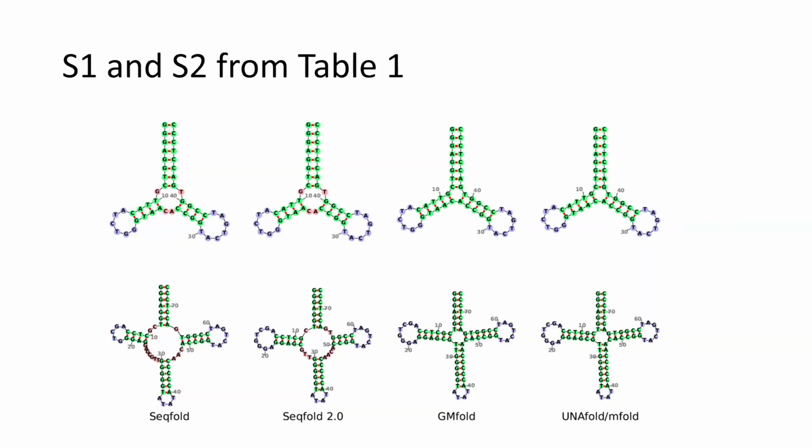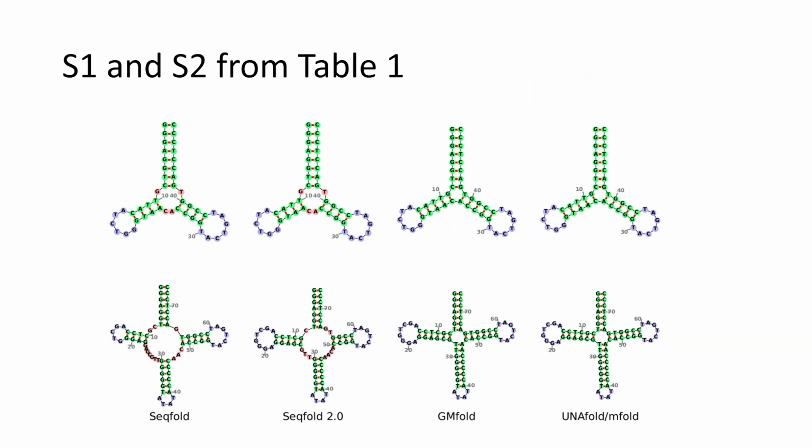Let's look at some actual structures, because even I, as a mathematician, don't love staring at numbers all day. So we look at some pictures. As you can see, we have SecFold on the left, our SecFold 2 is in the next column. Then we have our graph matching fold, GMFold, and the standard MFold implementation.